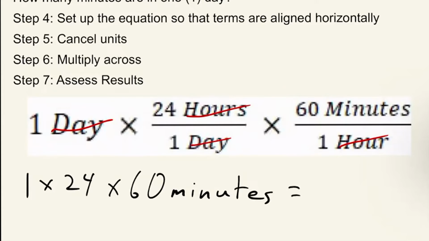And this will give us 1,440 minutes, or abbreviated to min. And this is where we assess our results. And we can easily do that because we already canceled our units. So we know the days are canceled out, the hours are canceled out, and all we have left is minutes. So this should be correct. And so that's how we convert a simple day to minutes problem.